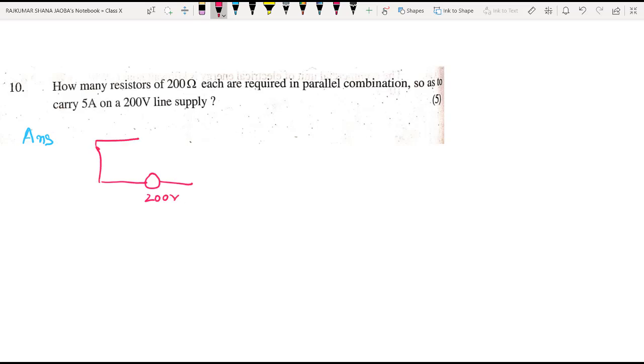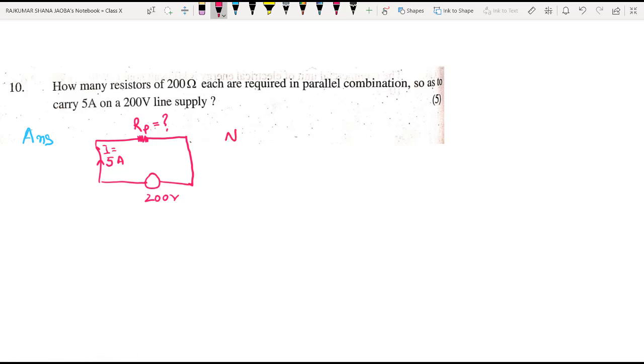Say this is a combination of some resistances, say parallel combination. See the 5 ampere current flows in the combination of some resistances. It's of 200 ohms. So we can find out the equivalent resistance.